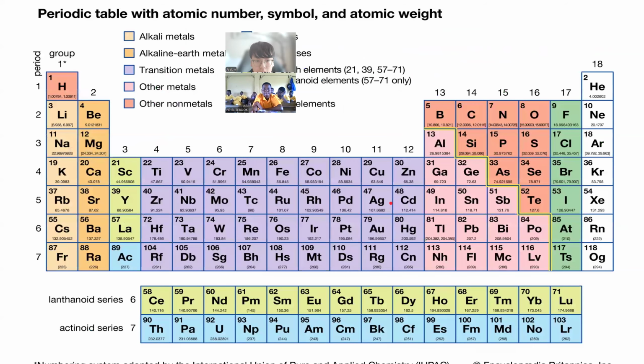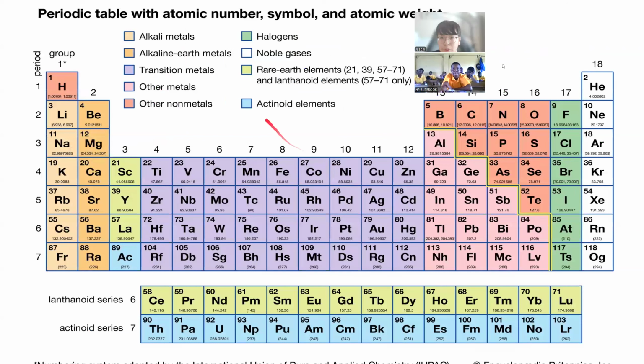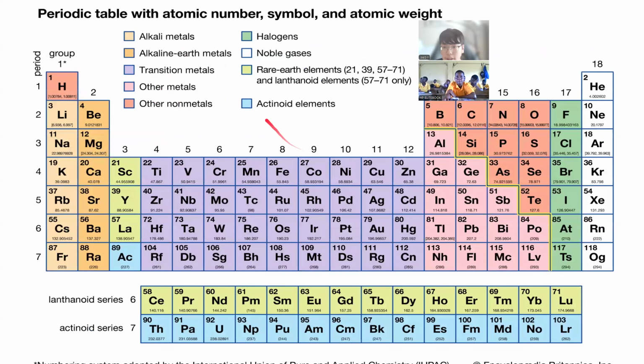here because we can see the number of atoms in the first shell. You can see there are only two atoms, hydrogen and helium. That means it will only have two electrons in the first shell. We can see there are eight atoms in the second shell, so there will be eight electrons in the second shell.